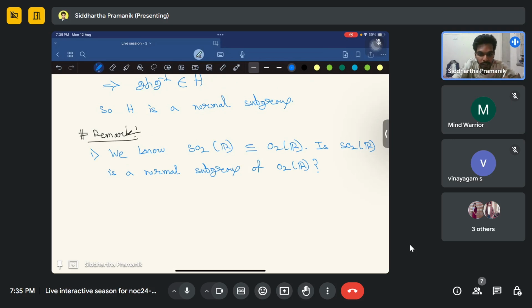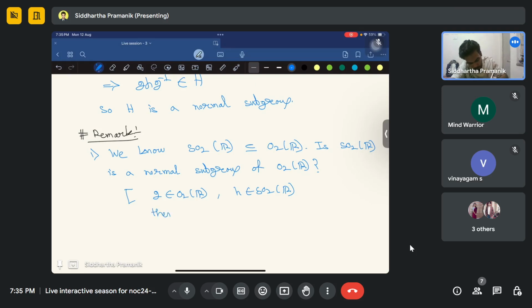Yeah, can anyone answer this? Yeah, it will be. So let me write down quickly. If G belongs to O2R and h belongs to SO2R, so that means G and h both are orthogonal matrices.